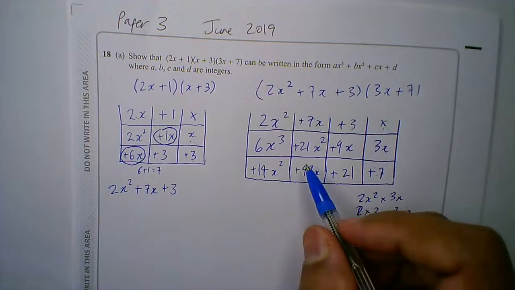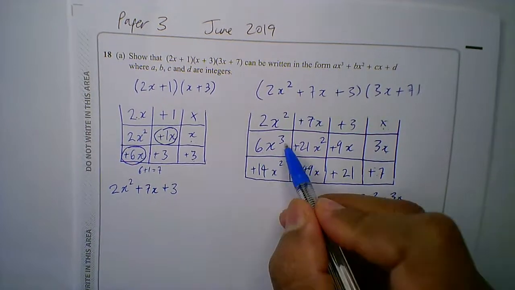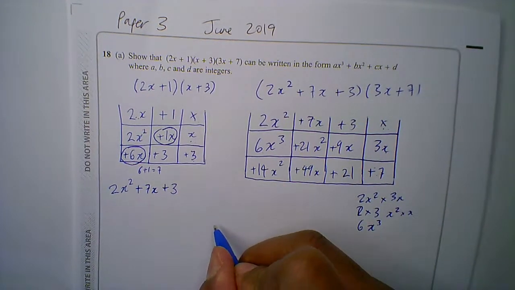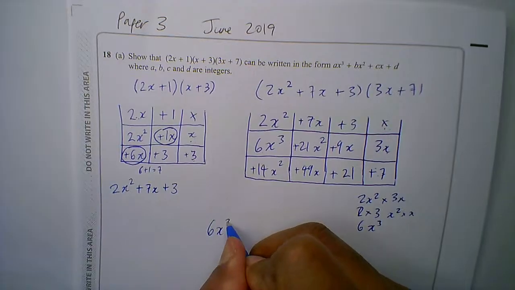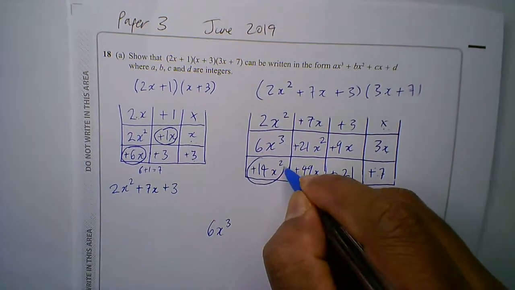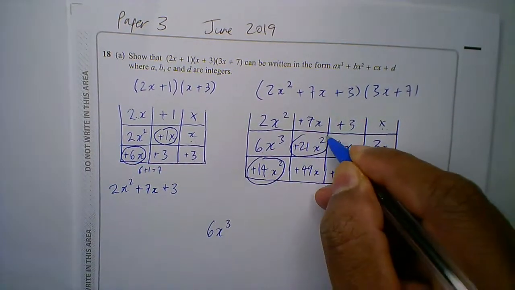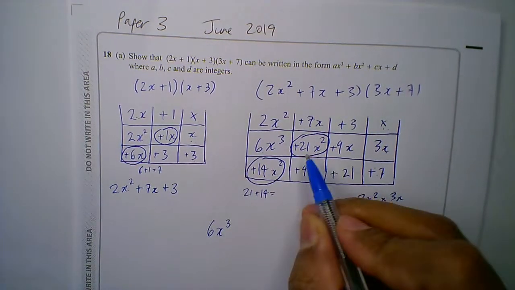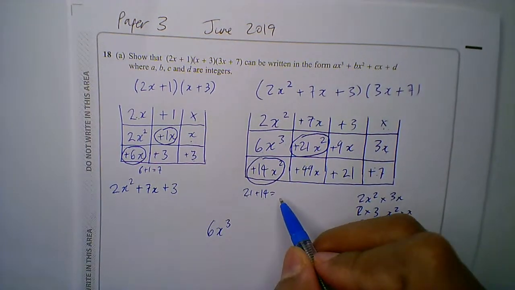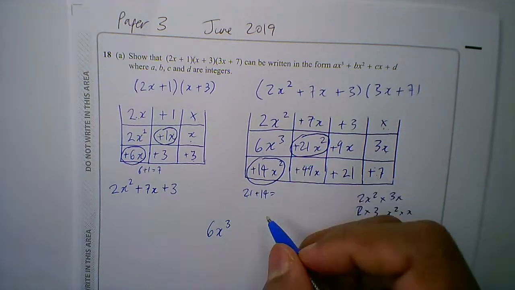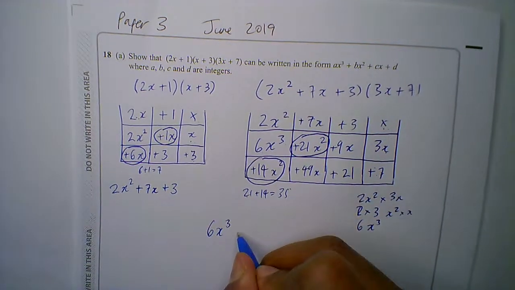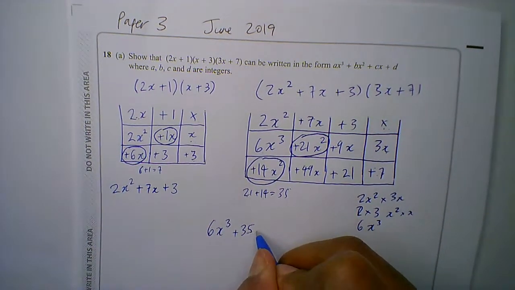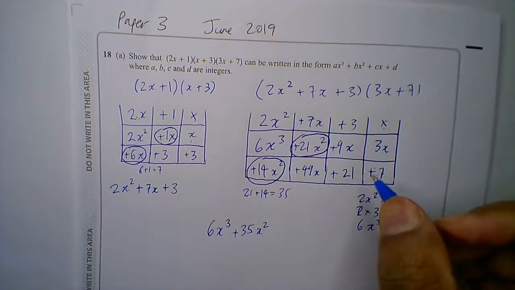And now I simplify. So I've got 6x cubed. I've got x squared here and x squared here. So 21 plus 14. That gives me 21 plus 10, 31 plus 4 is 35. So plus 35x squared.